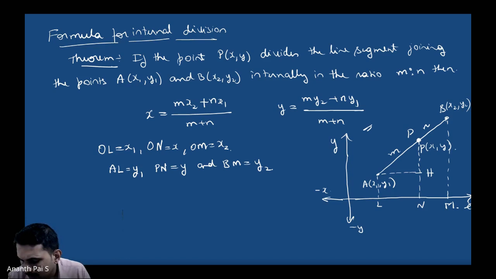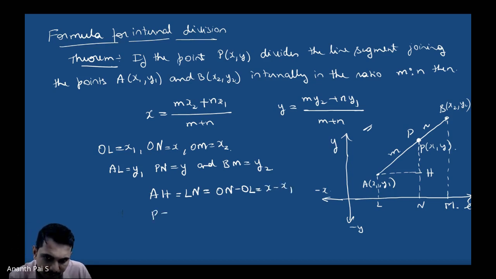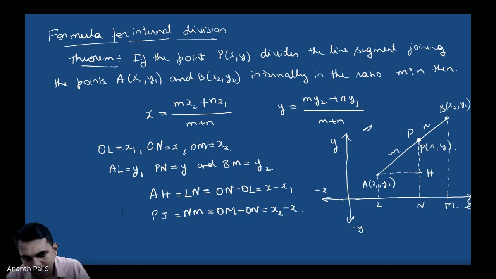Correct? So now AH is equal to LN is equal to ON minus OL, which is equal to x minus x1. Similarly, PJ is equal to NM, which is equal to OM minus ON, which is equal to x2 minus x. Okay. Now similarly, PH is equal to PN minus HN.